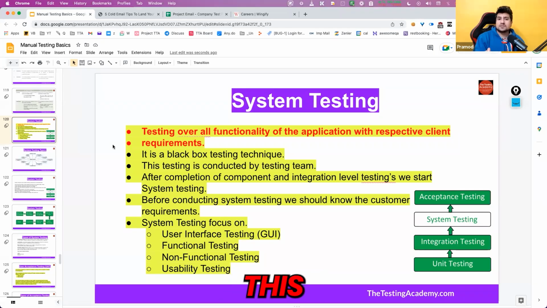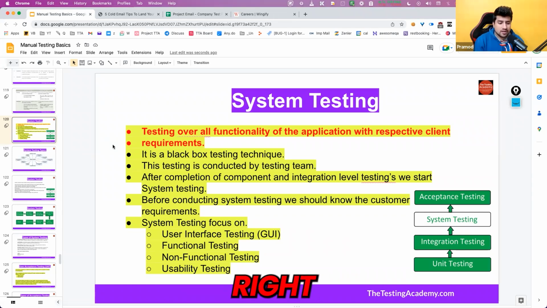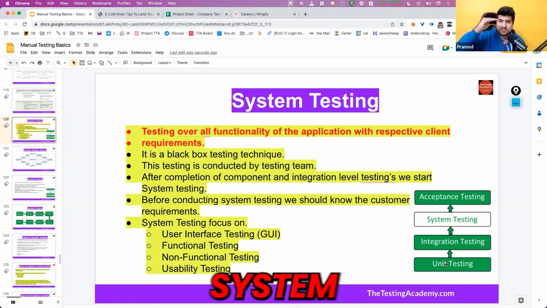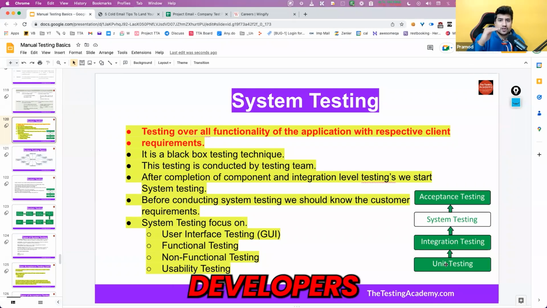But after this, QAs are introduced. Now in system testing, QAs are introduced, right? Integration versus system testing, let me discuss. This is clear: we have unit testing, integration, system, then acceptance. Four levels are present. Yes or no? So after integration testing, where developers have combined all the modules.